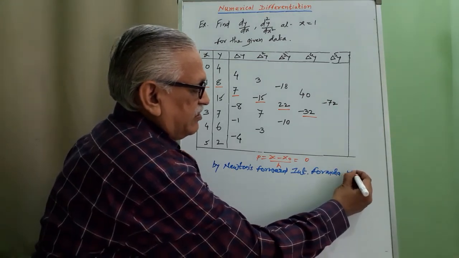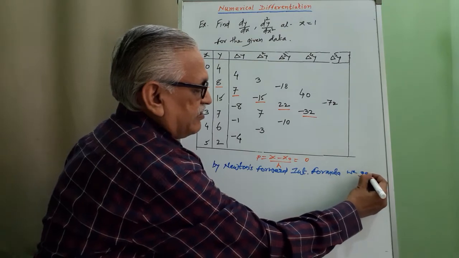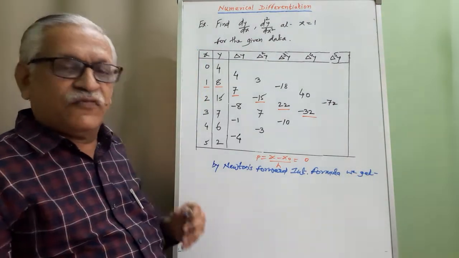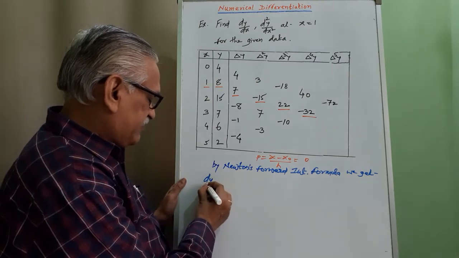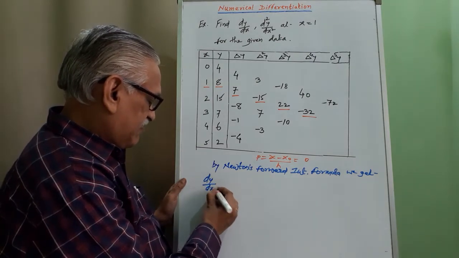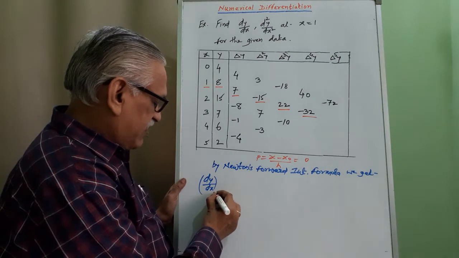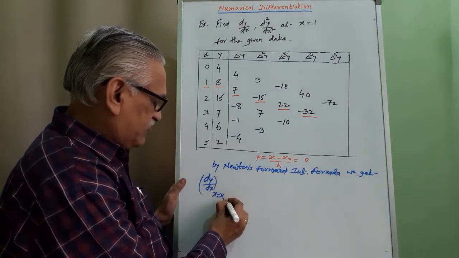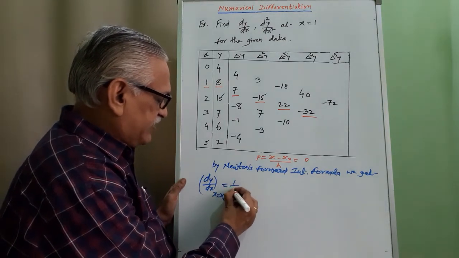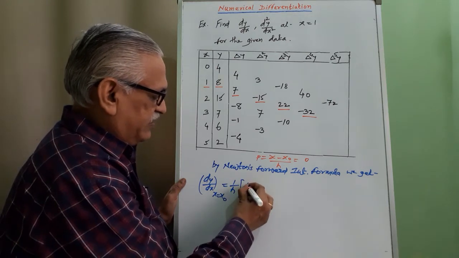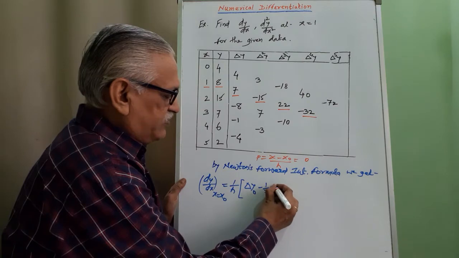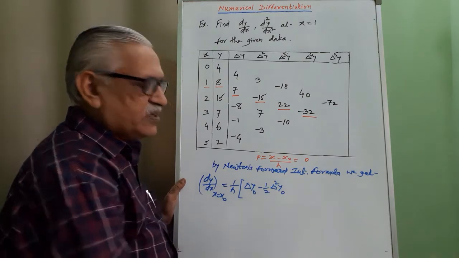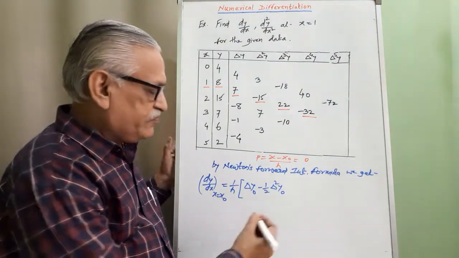Differentiating y with respect to x, we get dy by dx at x equal to x0 is 1 by h [delta y0 minus 1 by 2 del square y0, terms alternately positive negative.